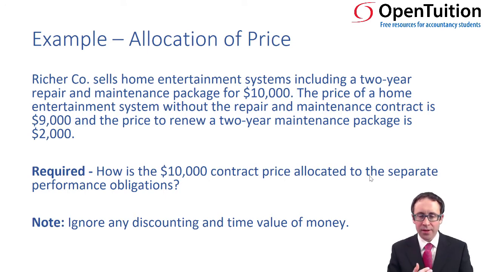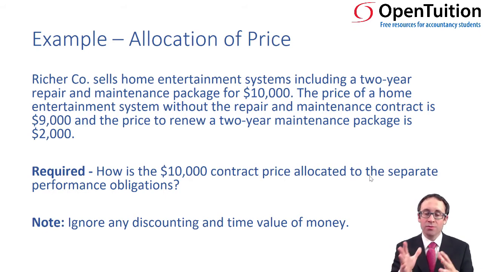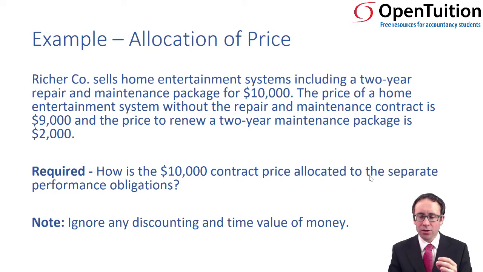So it says here, we have a company that sells home entertainment systems, including a 2-year repair and maintenance package. If we weren't ignoring the time value of money, then we might have to do some discounting on the repair and maintenance package. But no, thank you. Not today. Not any day. Okay. So the transaction price is $10,000.